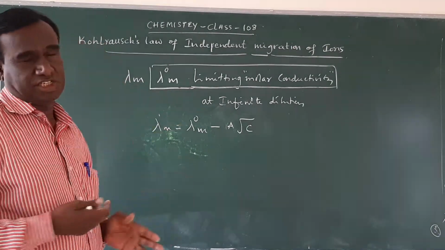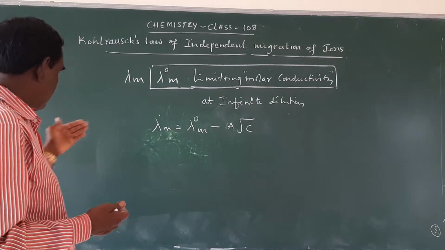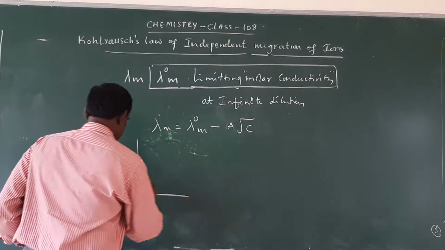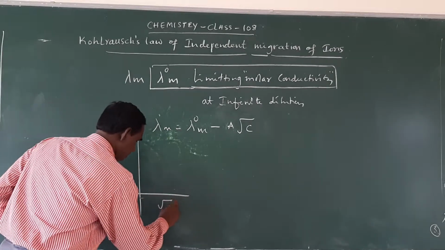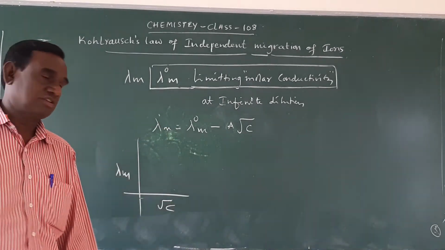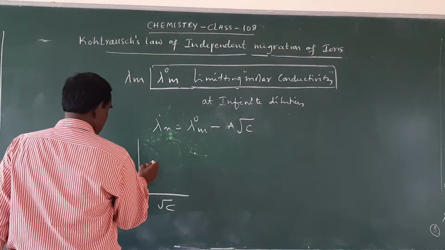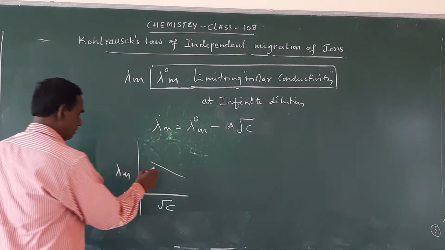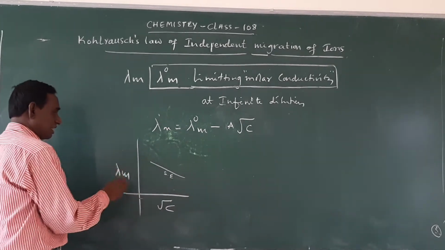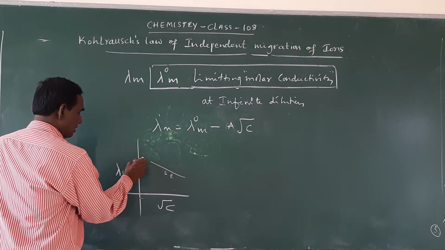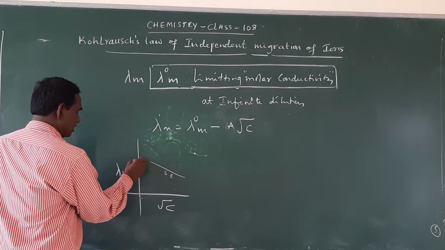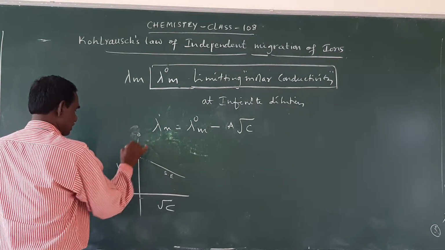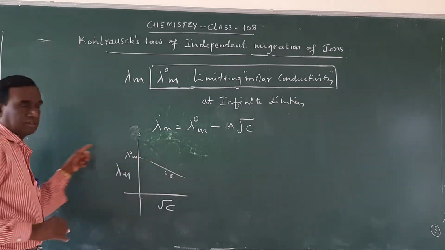On this basis, we also have a graph of lambda m against root c for weak electrolytes as well as strong electrolytes. For strong electrolytes, we get a straight line. When this straight line is extrapolated to zero concentration, we get the lambda naught m value.